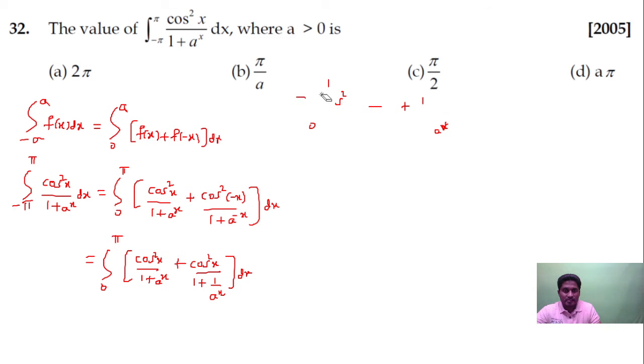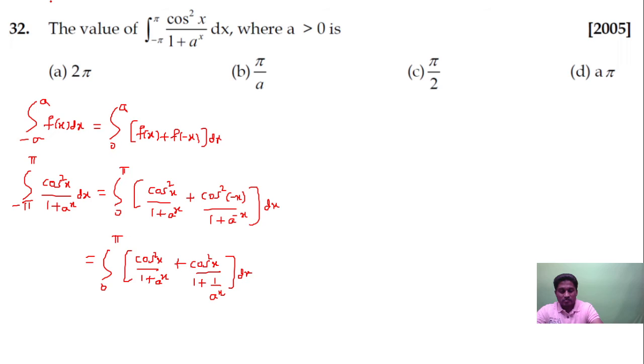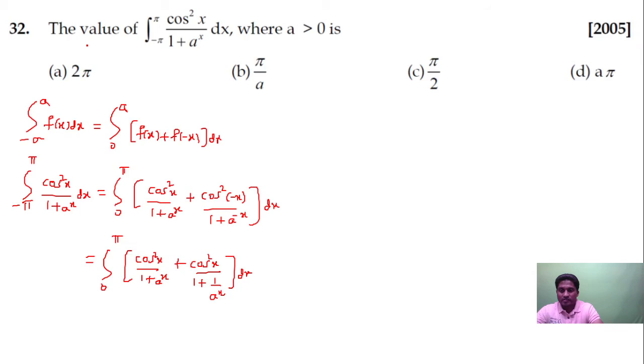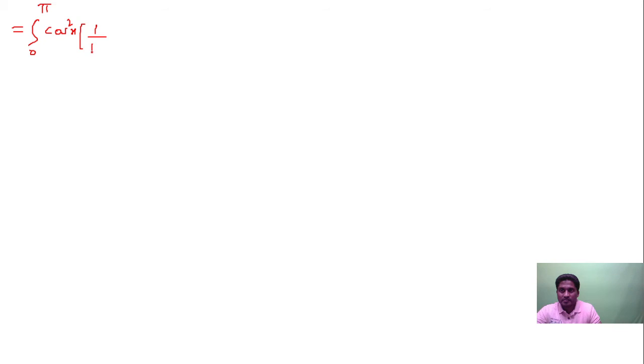Let me continue in the next slide. So this becomes integration 0 to pi. Cos of minus theta is plus, so I'm going to take cos square x common. Left out is 1 by 1 plus a power x.